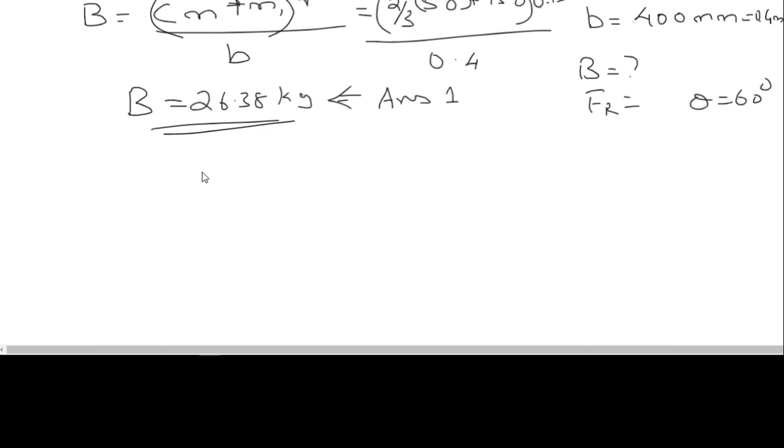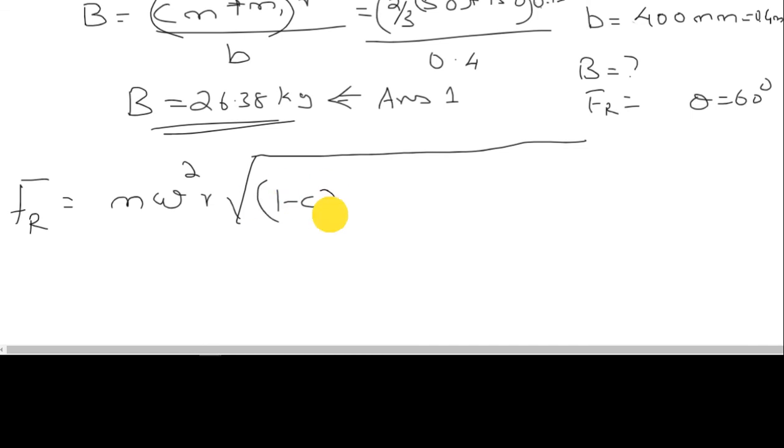So we know the equation for FR, the residual unbalanced force, as m omega square r times square root of (1 minus c square) cos square theta plus c square sine square theta. Theta is equal to 60. Everything else is known.